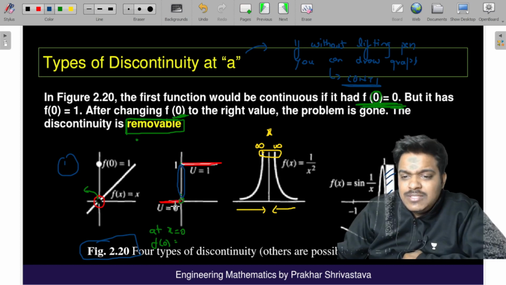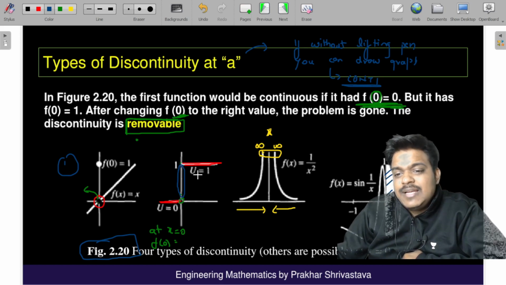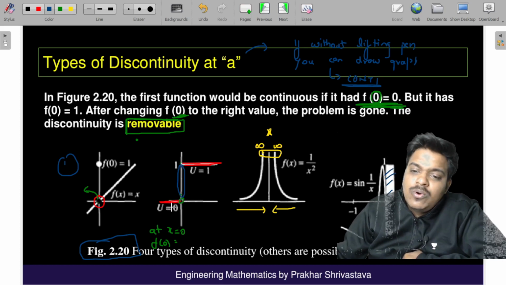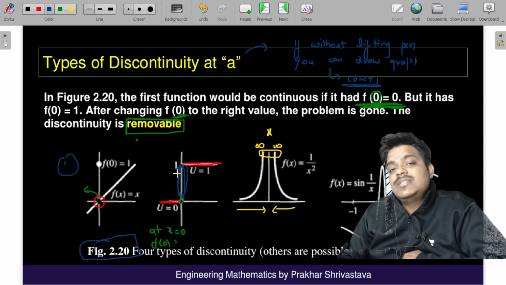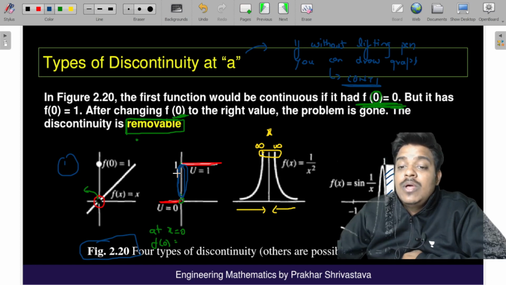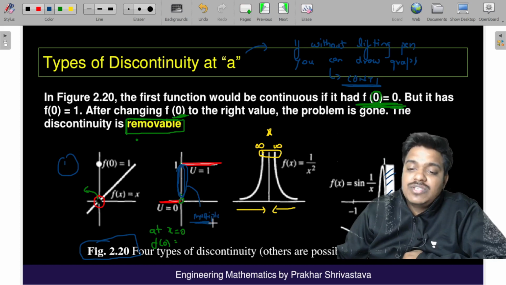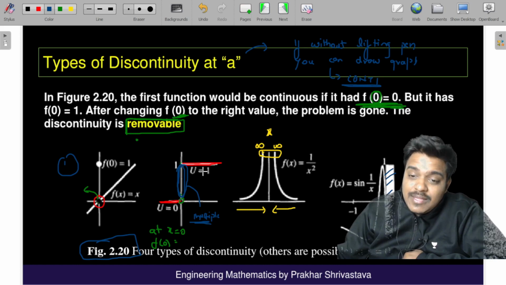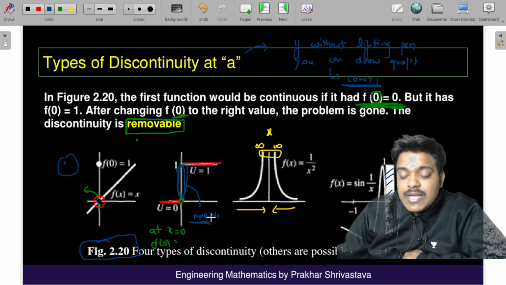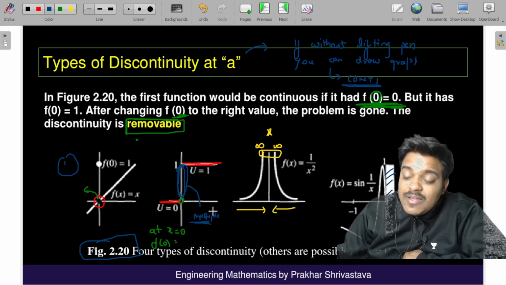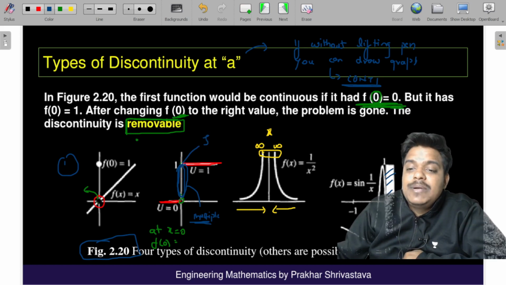At x equal to 0 it is visible, but after x it is 1 and before x it is 0. So can you say that there is a huge discontinuity at x is equal to 0? There are multiple values of a function at a point. So that is why we will say that this is a jump discontinuity.